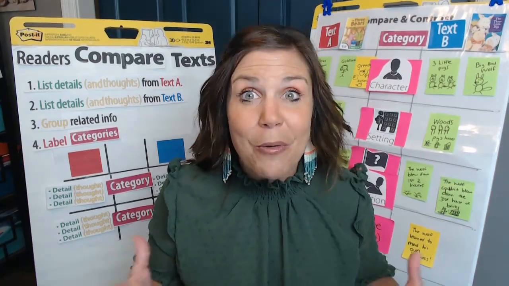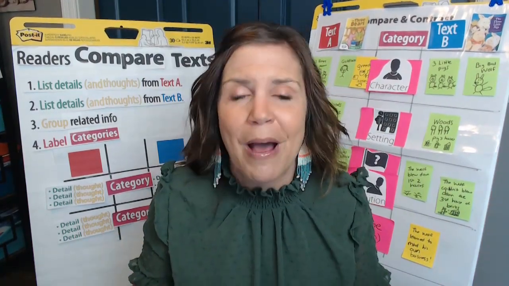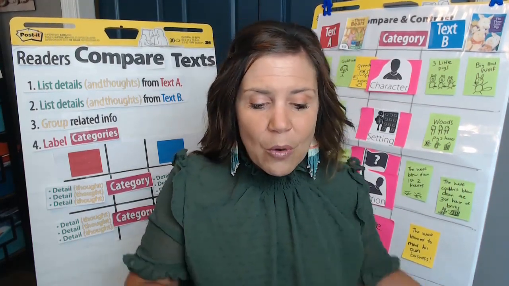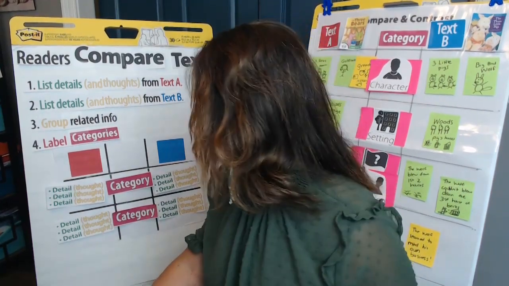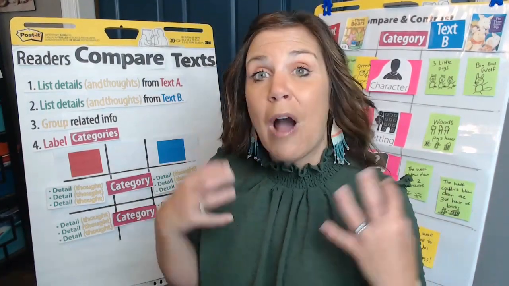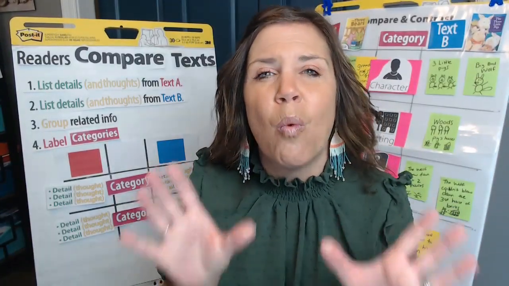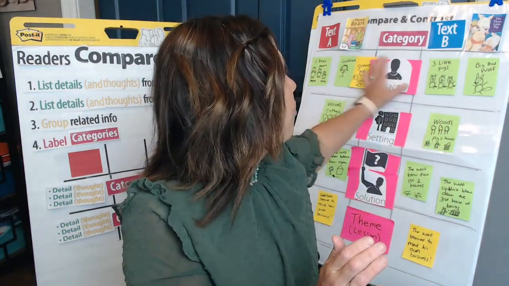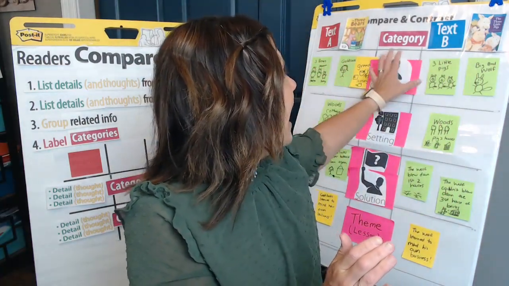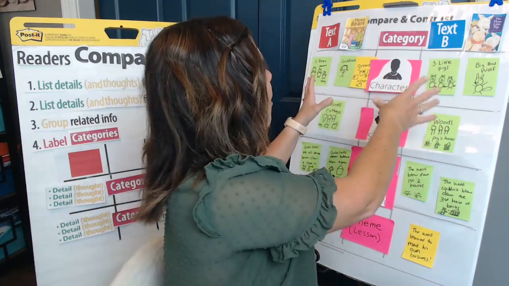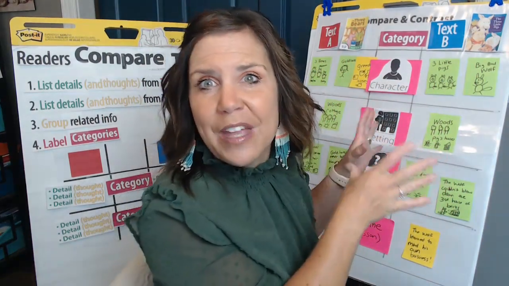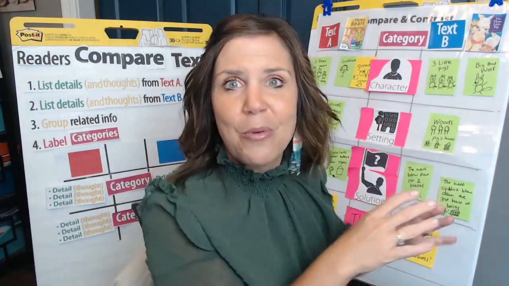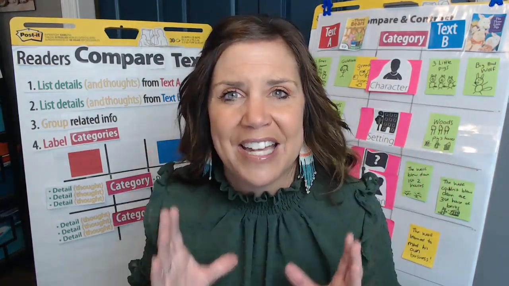That's what we're going to work on today, writing about those similarities and differences. We're going to add some things to our chart. How we're going to do this is we're going to write about one row at a time. We're going to look at one row, for example, how are the characters similar and how are they different, and write about that one row. And then take another row.